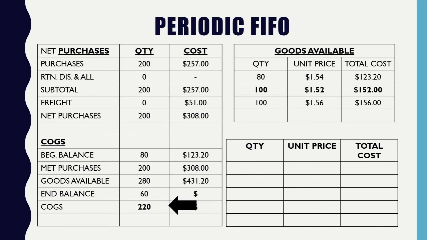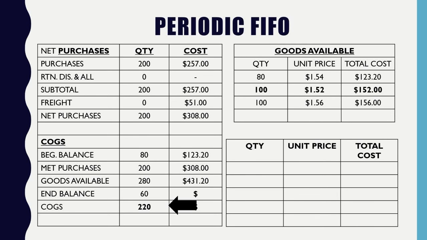Okay? So taking a look over here on our inventory side, on my goods available. Because I carried over my batch of inventory from my previous accounting period, that's going to act as the batch of inventory I had first, because the date that I put on there was June 15. So the oldest inventory is going to be the 80 units.